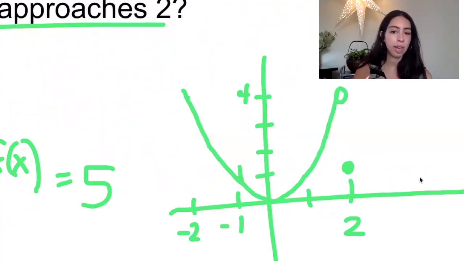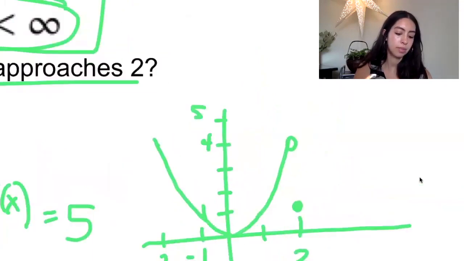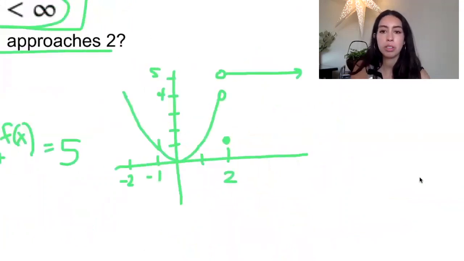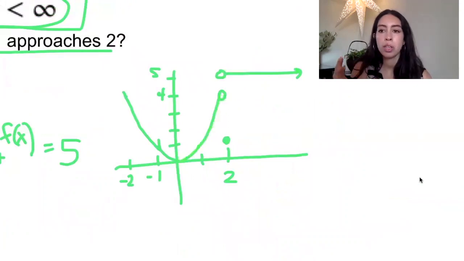And then we have 5 for everything greater than 2. So that's what that piecewise function looks like. And so you can see visually the left and the right don't match up. So the limit does not exist in this case.